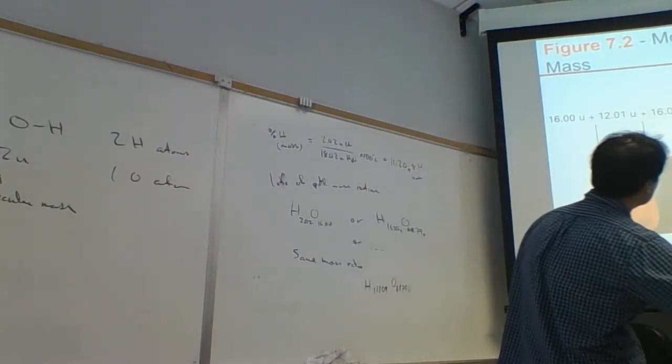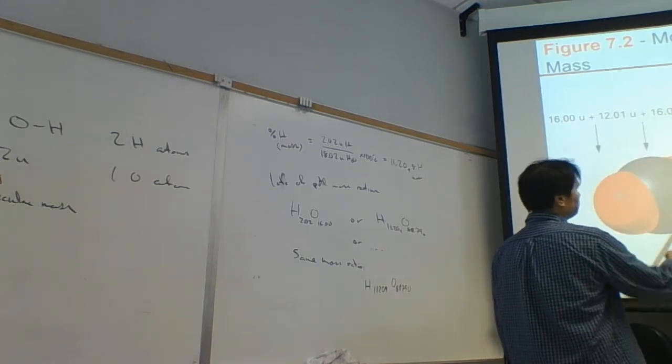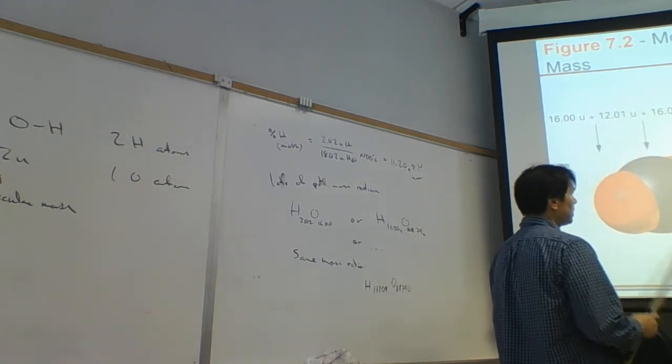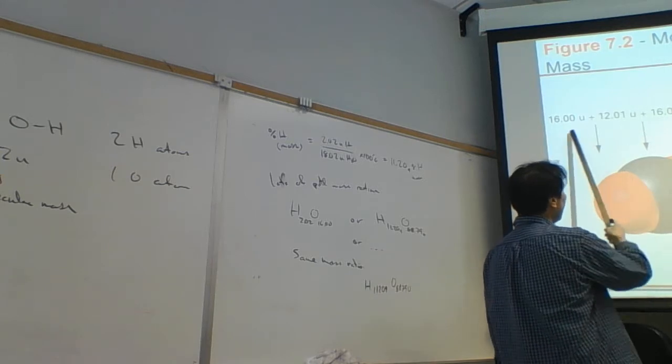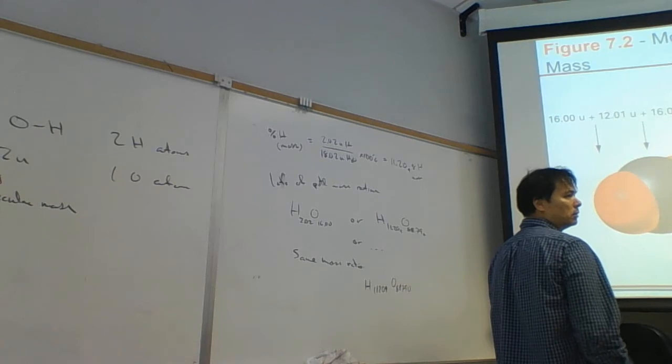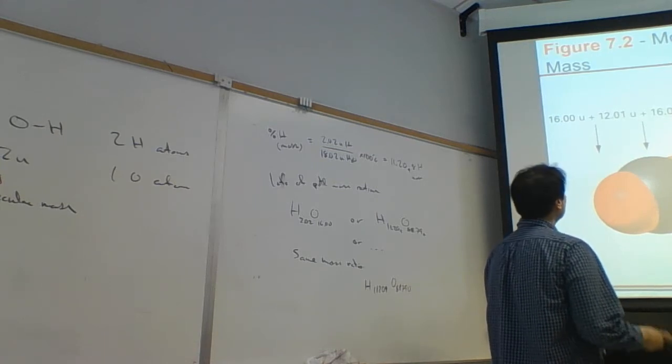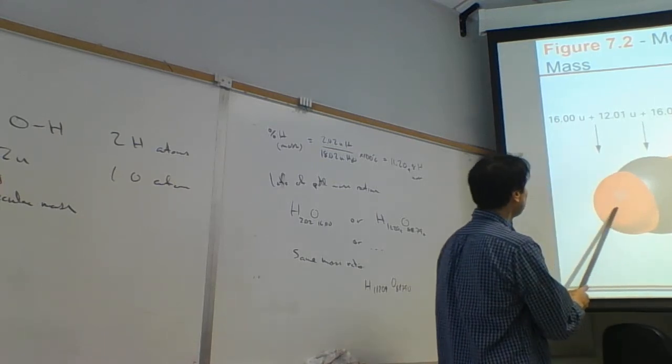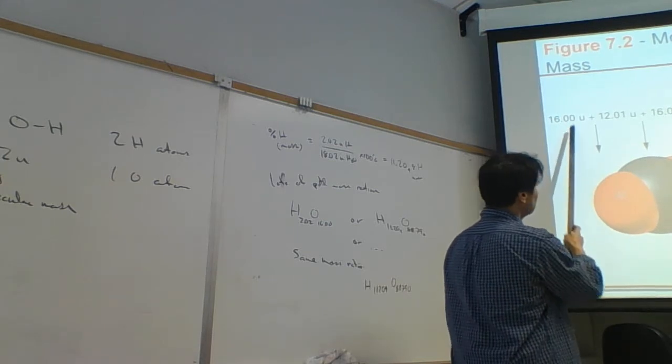What is this here? This is carbon dioxide. Are they doing the average mass or are they doing the individual molecule? The average. You can see the average mass of oxygen is 16.0.